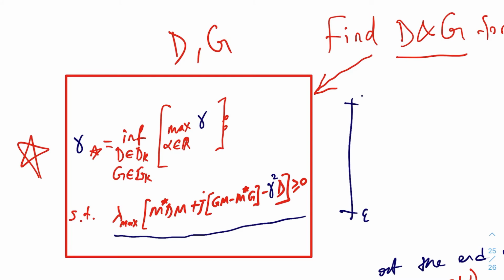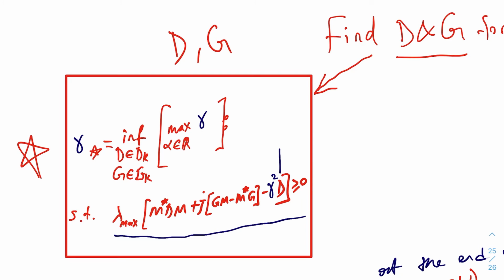We would pick an epsilon or something, and then 1000 maybe, and then we would bisect gamma. We say, hey, gamma is 10, find me G and D. Is it feasible? If yes, okay, then lower gamma. That's the kind of process.